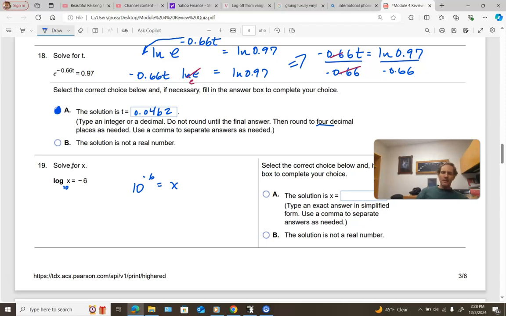But 10 to the negative 6 is the same as, I wouldn't even worry about a decimal, because over here it says type the exact answer in simplified form. This is the same as 1 over 10 to the positive 6, which is the same as 1 over a million. So in other words, 1 millionth.